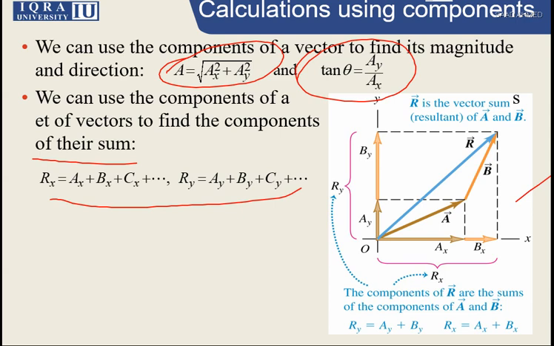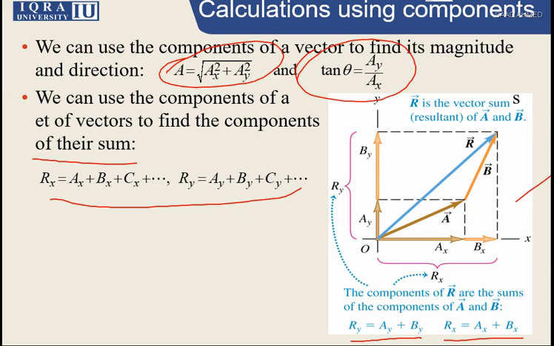Here we have two vectors A and B. R is the sum, the resultant of A and B, and the components of R are the sum of the components of A and B, which means that Ay plus By is Ry and Ax plus Bx is Rx.